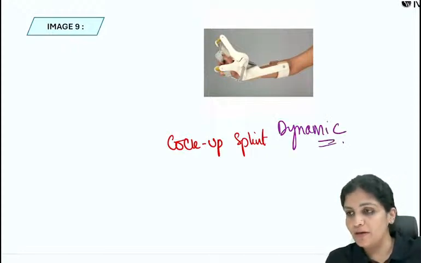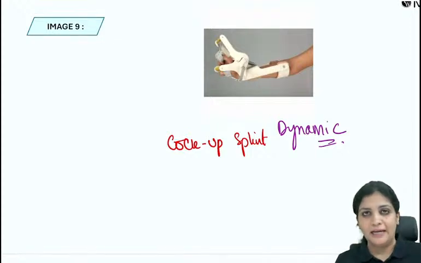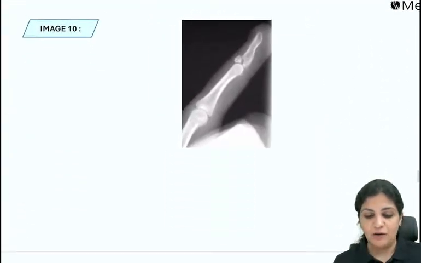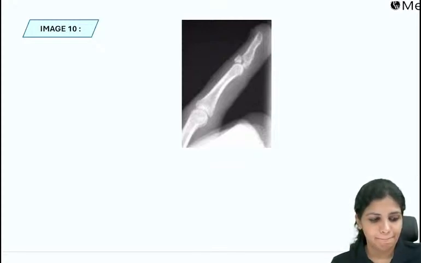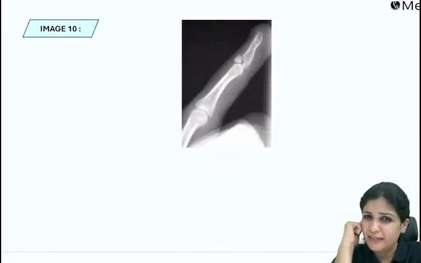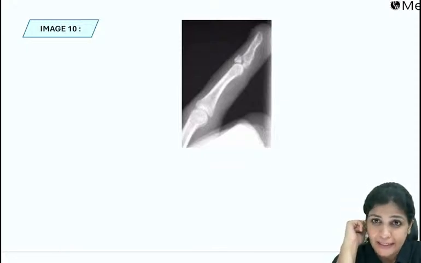So there is a movement which you can do like this. So this is a dynamic cock-up splint. What is this? Final one, what is this? Yeah, that is used for your radial nerve injury. We have discussed that already in detail, the cock-up splint, the dynamic and the static.